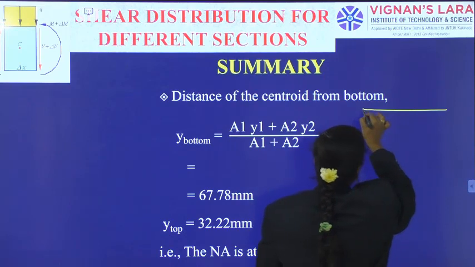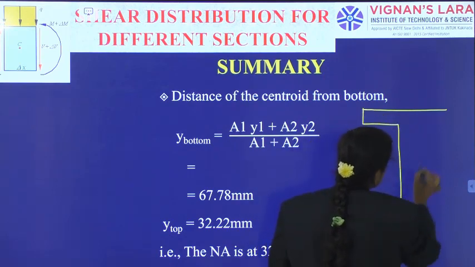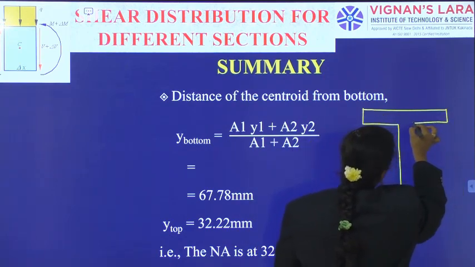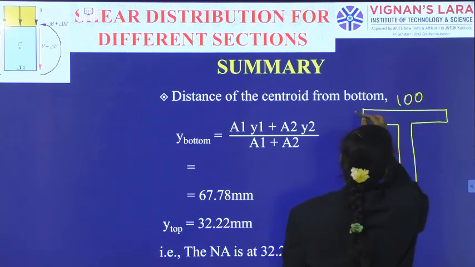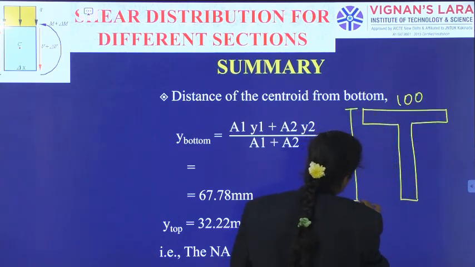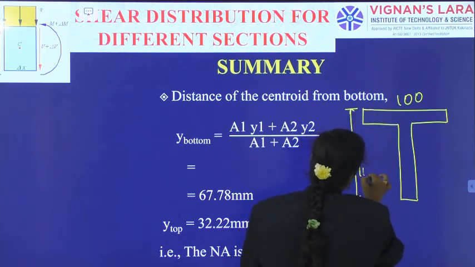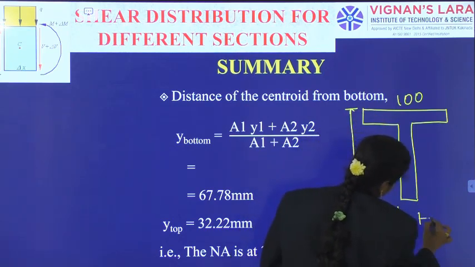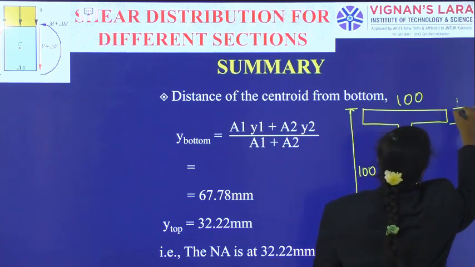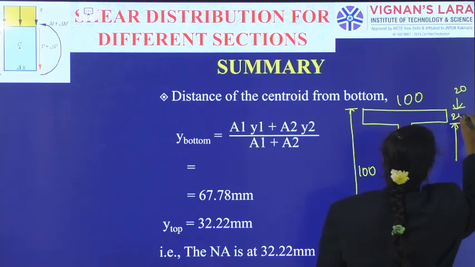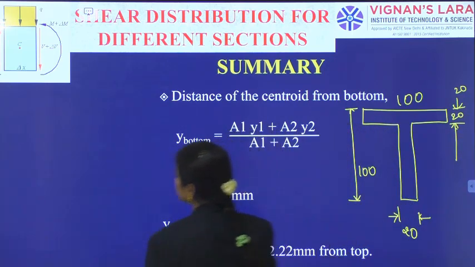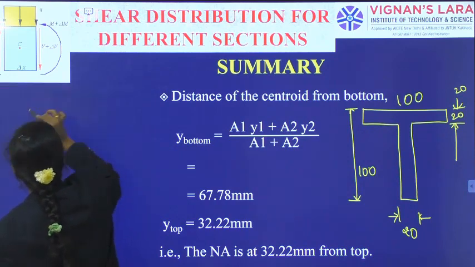So as I am indicating our T section for generating the centroid, 100 by 100, 20, 20, and further I am calculating the remaining values also which may be useful for me.